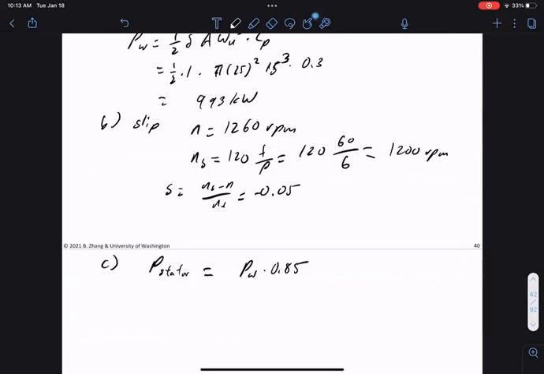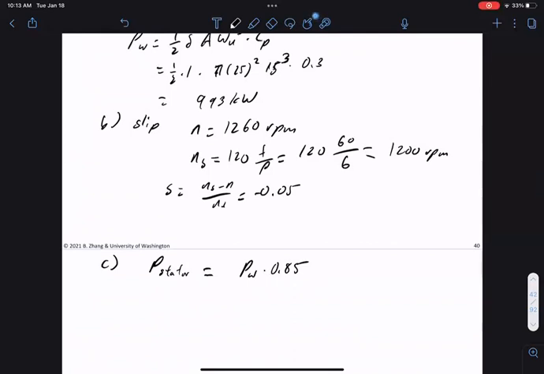So we have 85% efficiency here. This, for example, represents the gearbox losses we're having in the system. So we lose something in the gearbox, we lose something in the rest. Okay, so now this is our power to the stator.